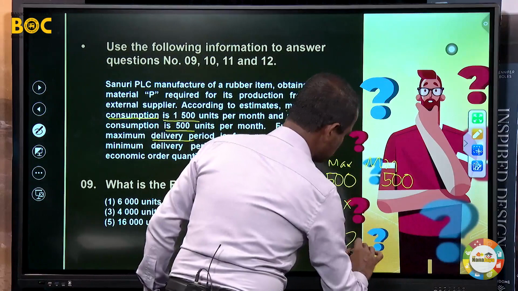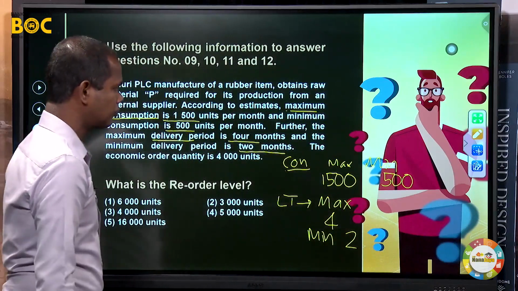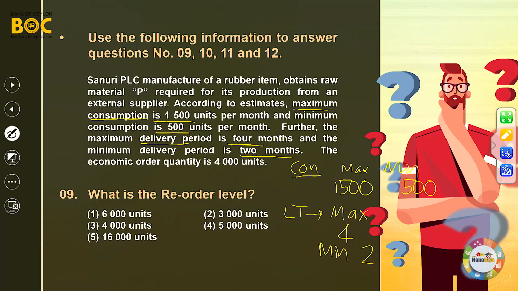Those are the details. The maximum consumption is 1500, minimum is 500. The maximum delivery period is 4 months, minimum delivery period is 2 months.